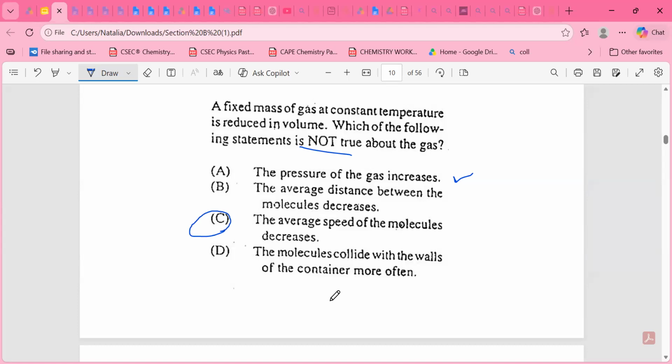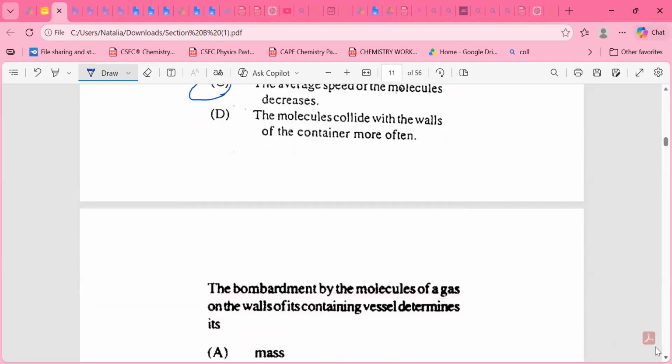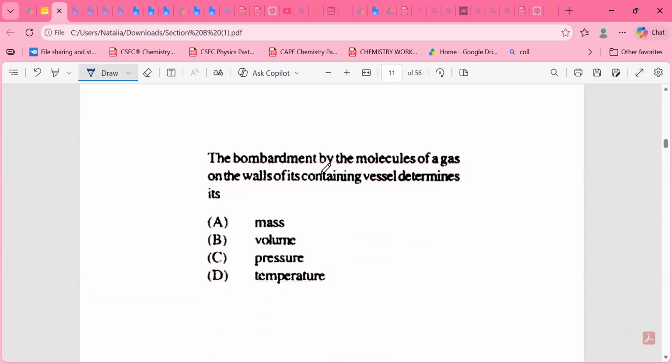The bombardment of molecules of gas on the walls of the containing vessel determines its pressure.